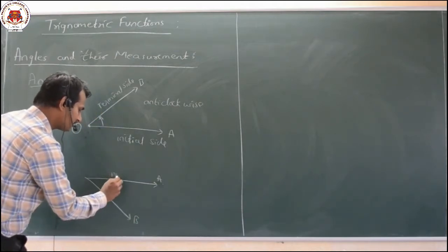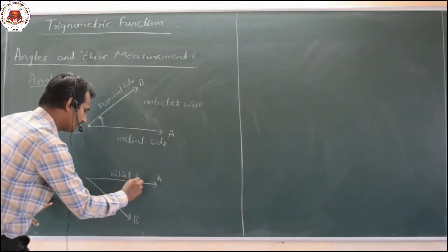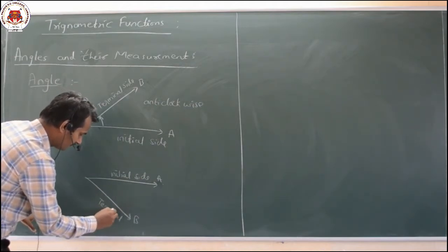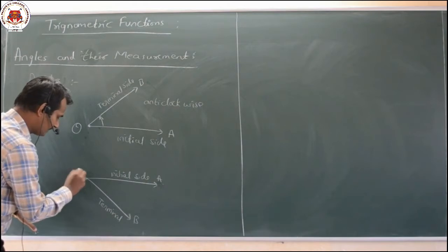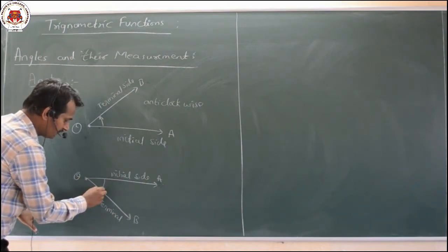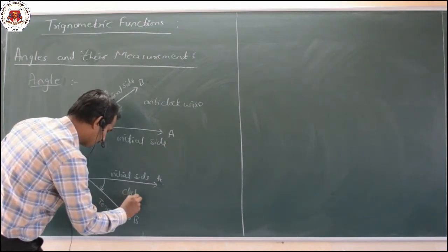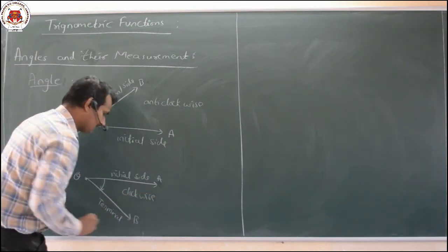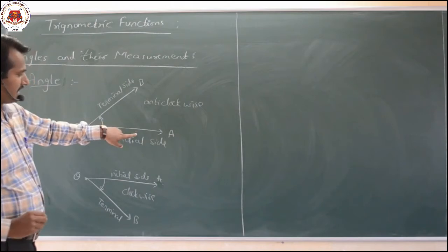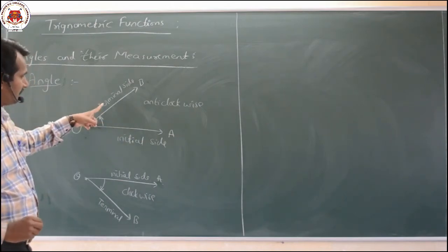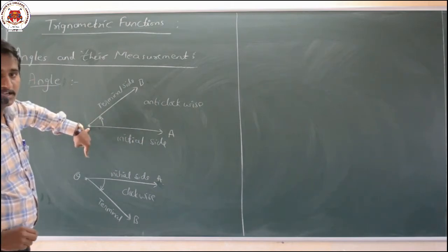A is our initial side, and B is the terminal side. Let us take a vertex O here. Now if we are rotating it clockwise, that means the rotation of this ray about this particular point, there are two directions.